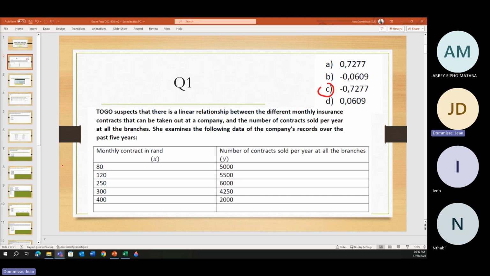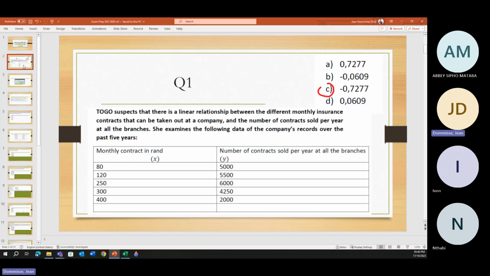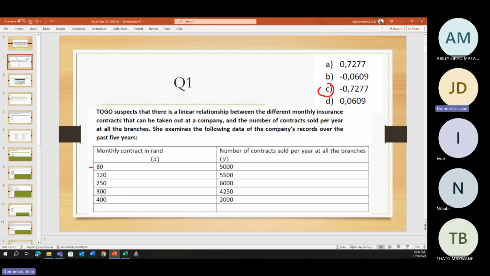Otherwise, we will also be able to put it into your HP or your Casio or Sharp, depending on what you guys are using. We will just need to put in the data of the X and the Y and go step by step, going through the 5 data points that you need to put in.